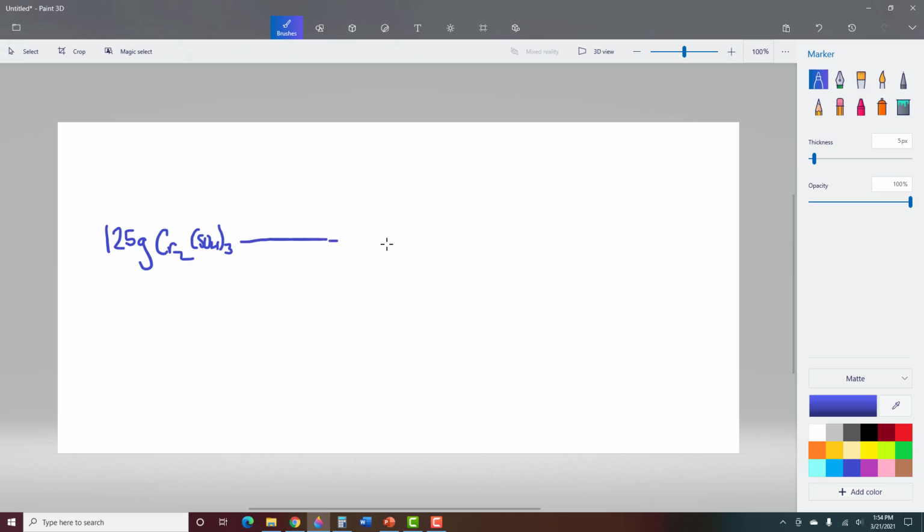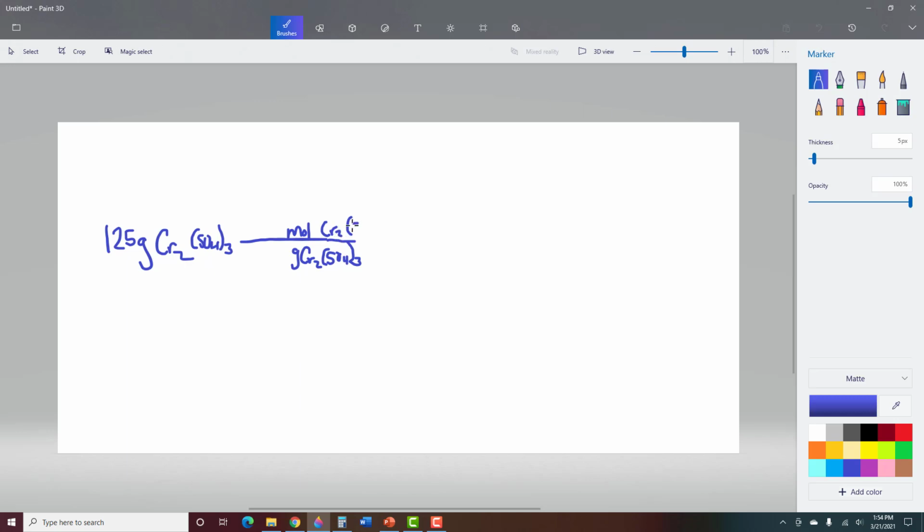This is like the problem you learned just in the last assignment, this week. So the grams of Cr2(SO4)3 on the bottom. It's kind of long. And then that's always going to pair with moles. Grams always pairs with moles of the same thing.